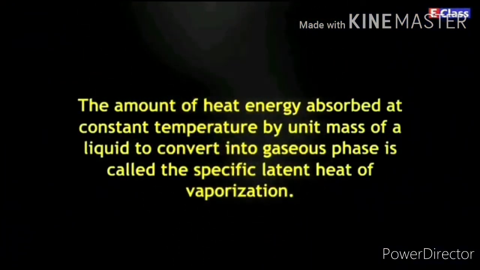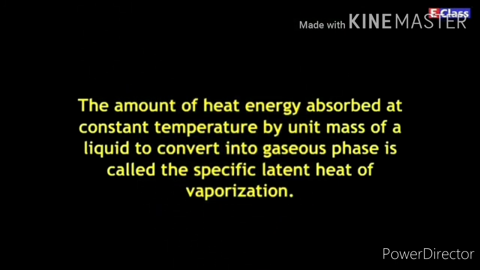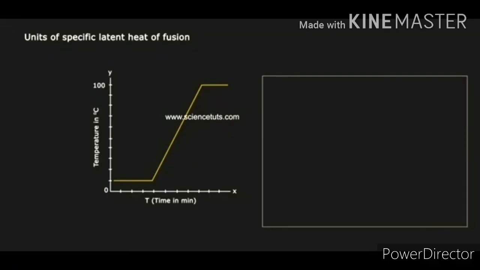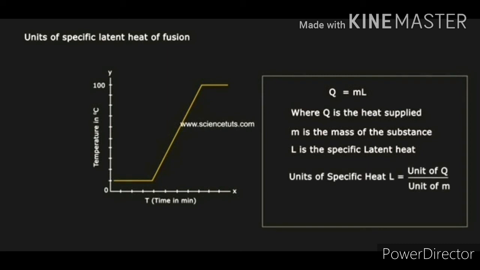Now students, in order to find out the latent heat, there is a formula Q = mL, where Q is the heat supplied, m is the mass of the substance, and L is the specific latent heat. It can be specific latent heat of fusion or specific latent heat of vaporization. So the unit of specific latent heat L is equal to unit of Q upon unit of m.